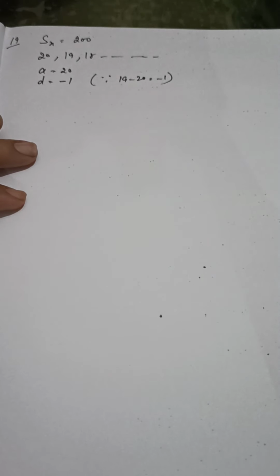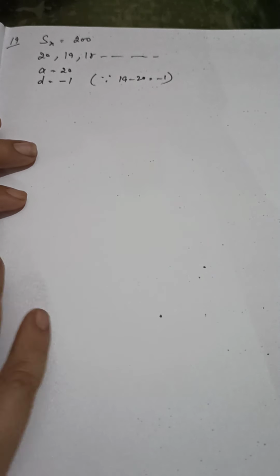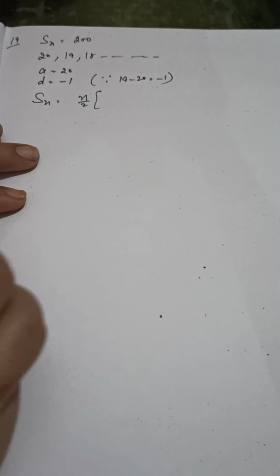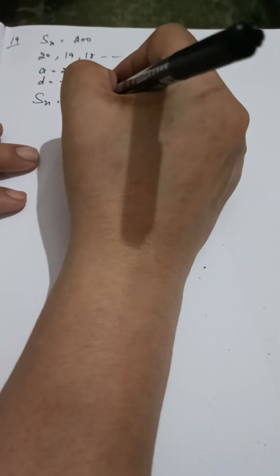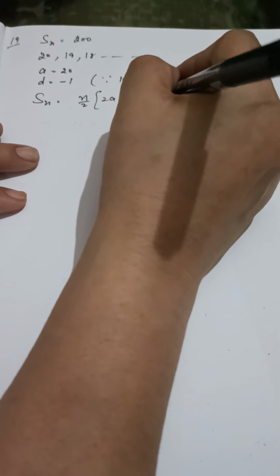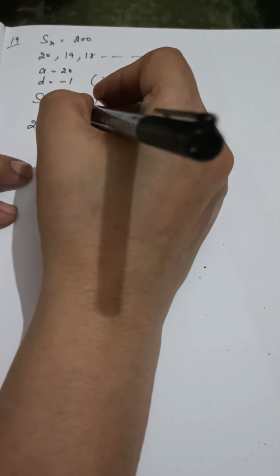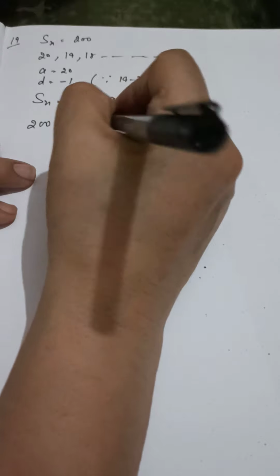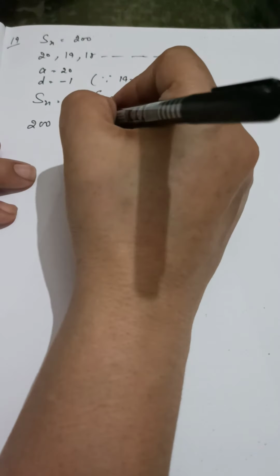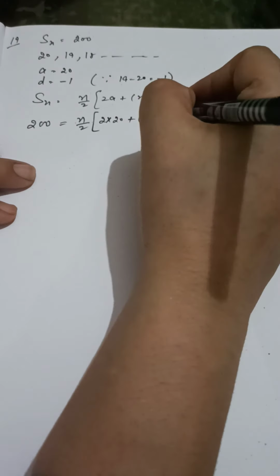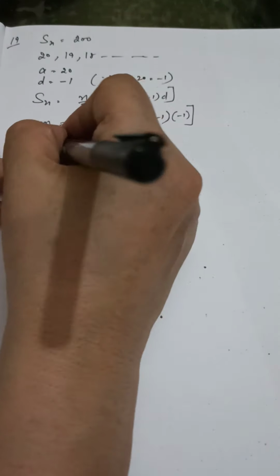Now what do you have to find? You have to find Sn is equal to n upon 2. Sn is given to us, so we will use the formula of Sn. Sn is equal to n upon 2, 2a plus n minus 1 into d. 200 is equal to n upon 2, n is not given to us, we have to find it. 2 multiplied by 20 plus n minus 1 and d is minus 1.